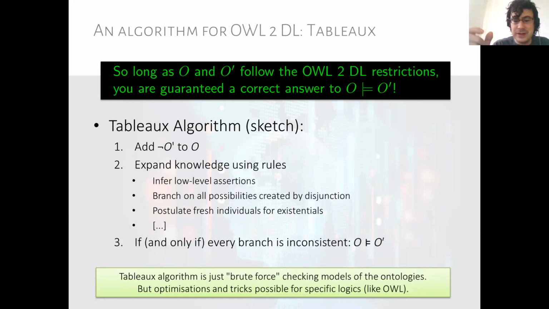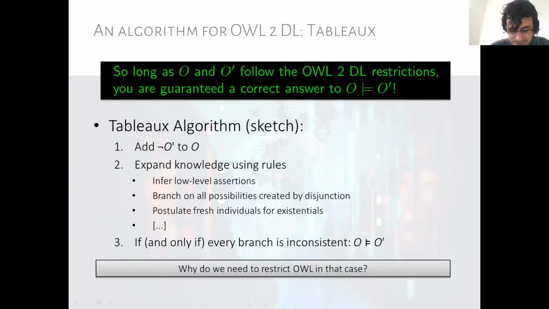You can also use tricks for specific logics, like the DL logics or OWL. And there are methods based on, for example, hyper Tableau that optimize this process. But in general, it's not going to be efficient, because if we have lots of different possibilities combined with lots of other possibilities, then we can have exponential, kind of exponential different branches to check.